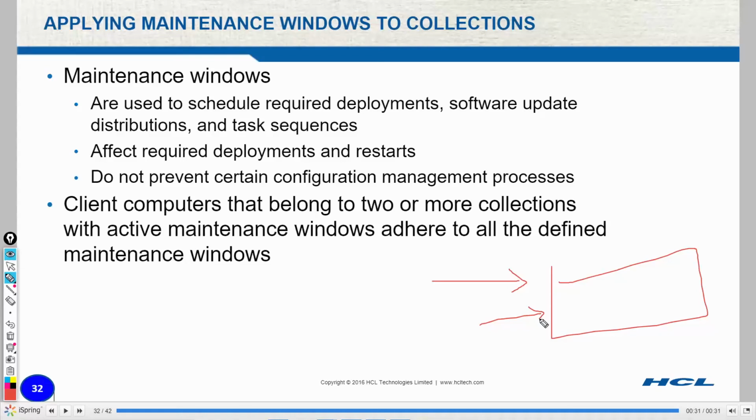Maintenance windows are scheduled for required deployments, software update distributions, and task sequences. So if you have created any task and you want to execute that task, it should be deployed under a maintenance window. If you want to update any software, there may be a restart requirement.